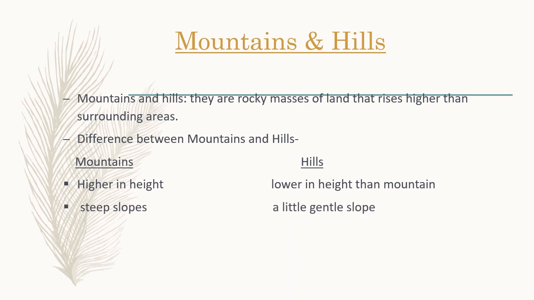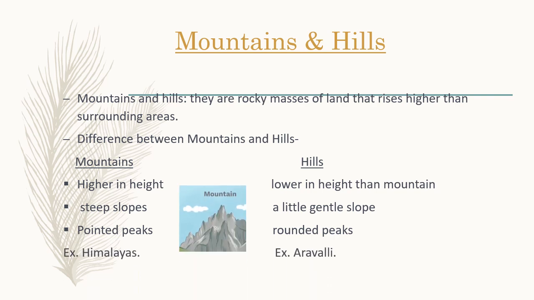Mountains have steep slopes and hills have a little gentle slope. Mountains have pointed peaks, hills have rounded peaks. An example of mountain, Himalayas. An example of hills, Aravalli.